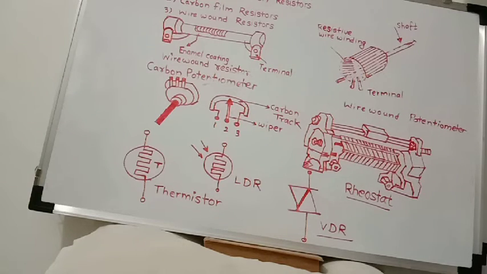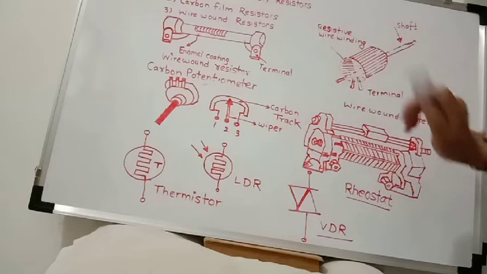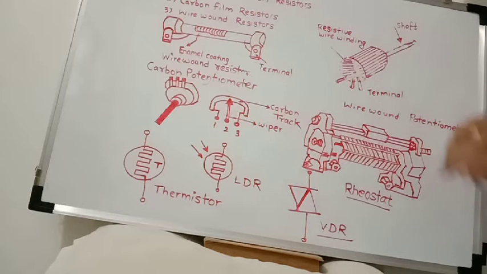These carbon composition resistors are widely used in electronic circuits. They are available from 1 ohm to 20 mega ohm, with power ratings from 1/8 watt to 2 watt.